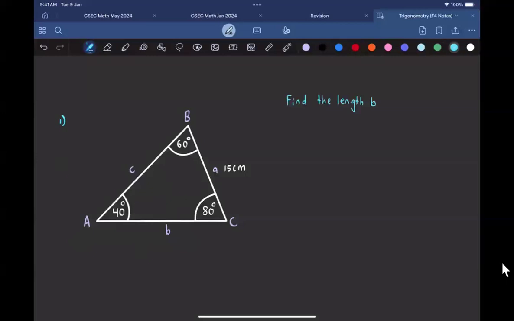Rihanna, remind me, what is the sine rule? What does it look like again? A over sine capital A is equal to B over sine capital B is equal to C over sine capital C.